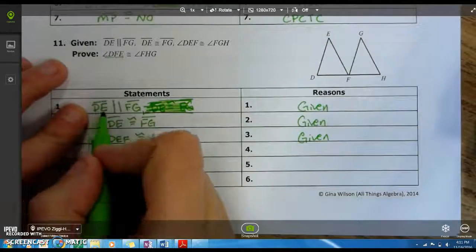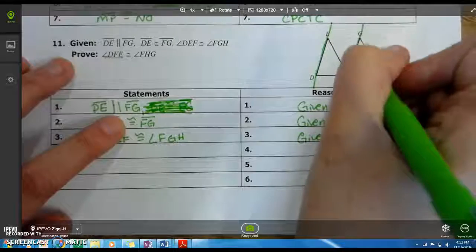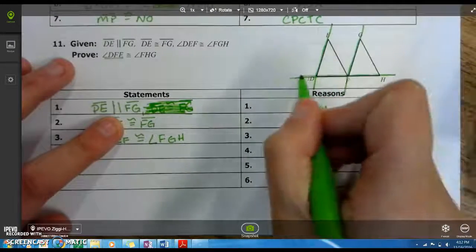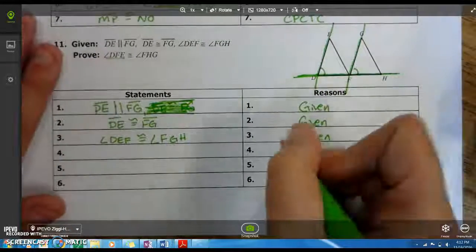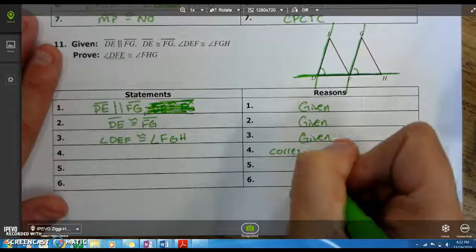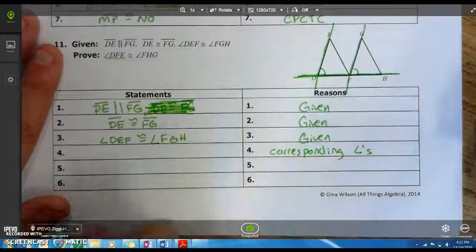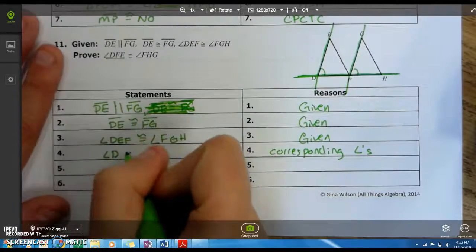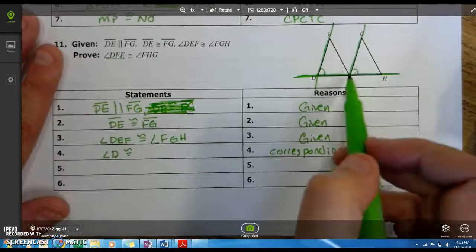That says ED and FG are parallel. That would make this the transversal. So this one and this one would be in the same spot, which would make them corresponding. And that would be angle D, because that's the only angle D. But I have to name angle F, because this is angle F and this is angle F. GFH.